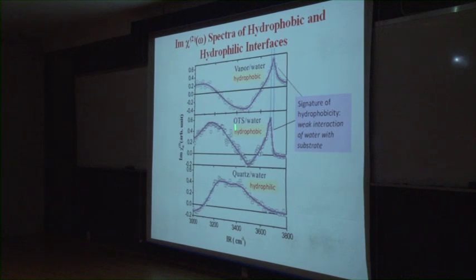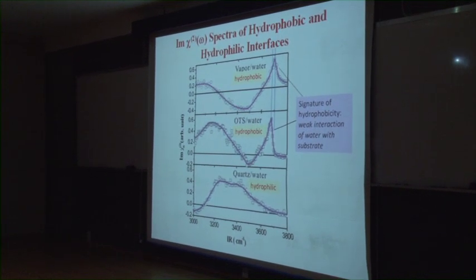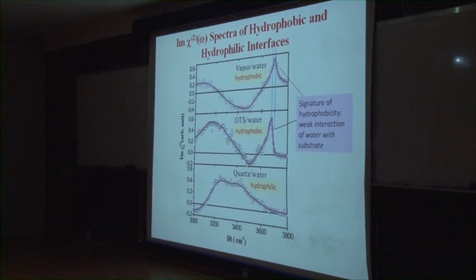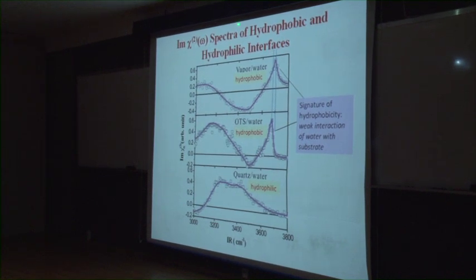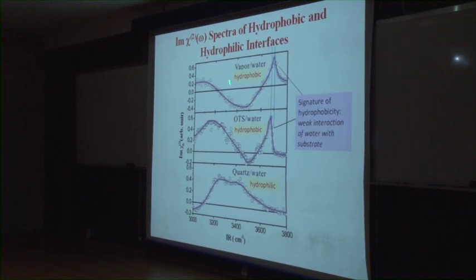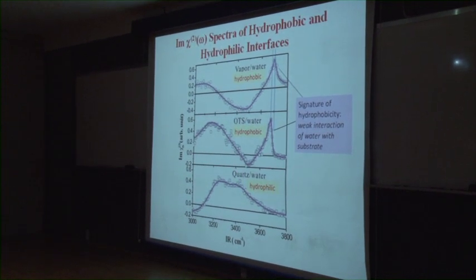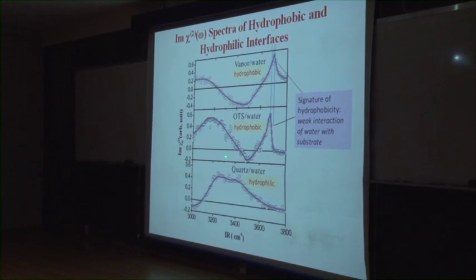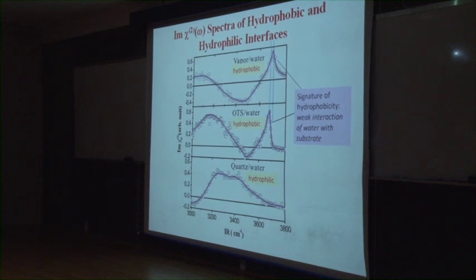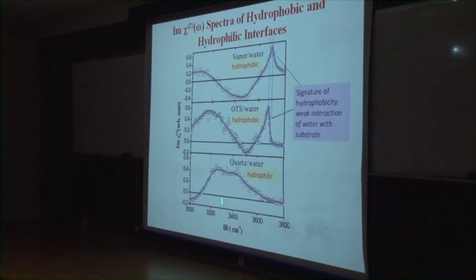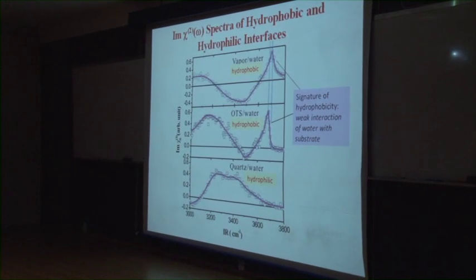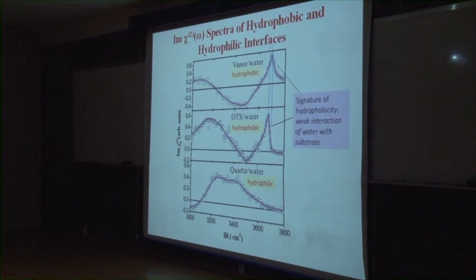You can see the three spectra are very different. They're all water interfaces. Three different water interfaces are very different, although this is hydrophobic, and this is hydrophobic. Why are they different? Part of this is due to charges at the interface.